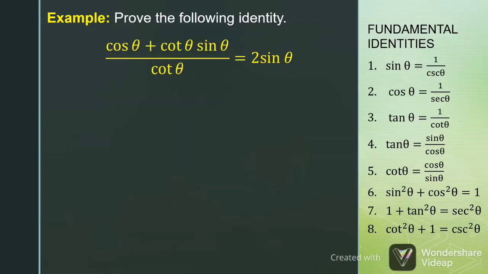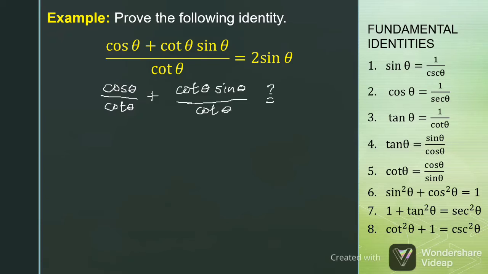Since there is one denominator, or single term denominator, we can decompose the given fraction into two similar fractions, which is cosine theta all over cotangent theta plus cotangent theta sine theta all over cotangent theta. Is it equal to 2 sine theta?